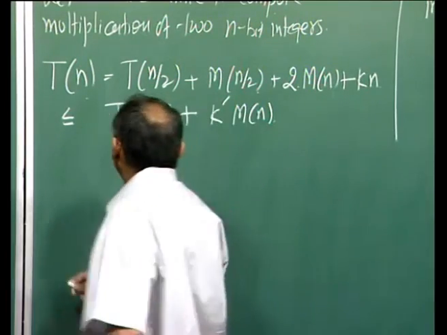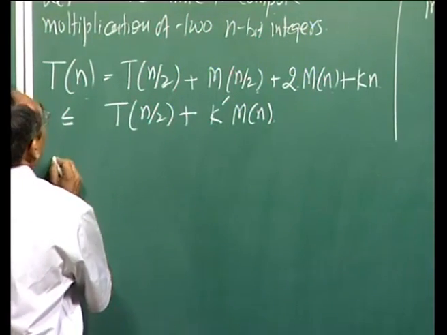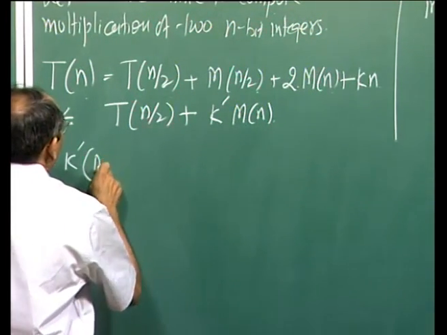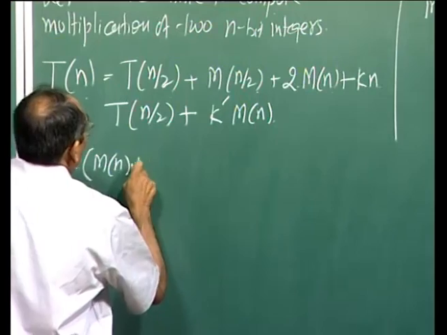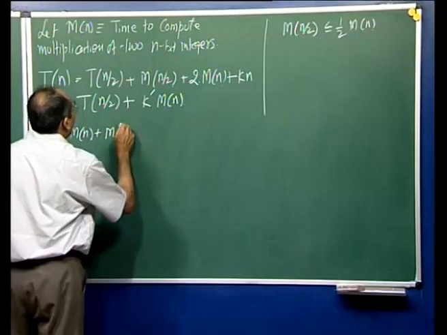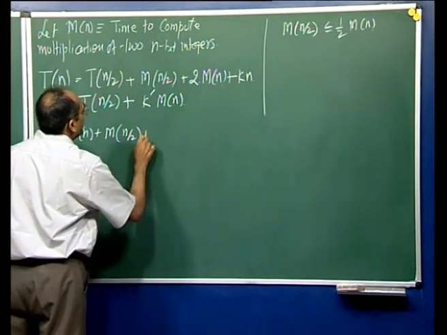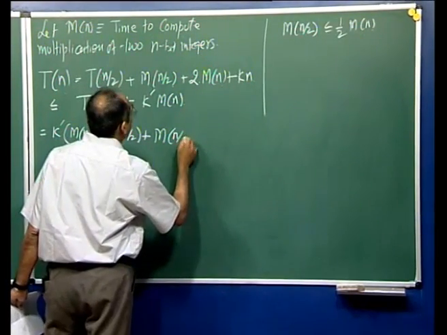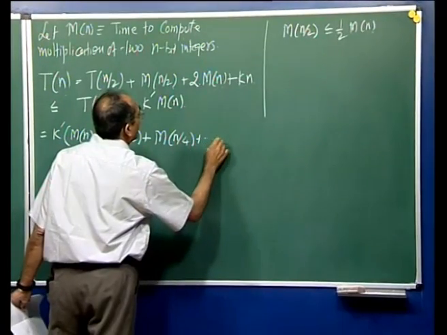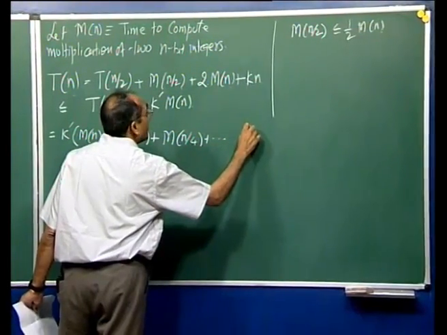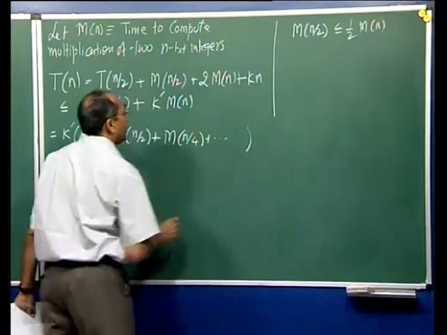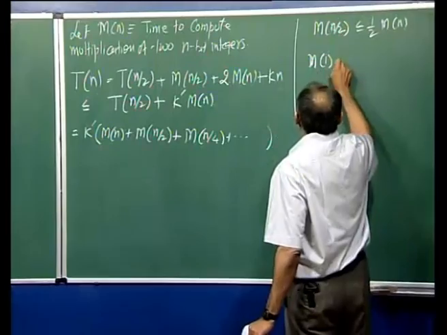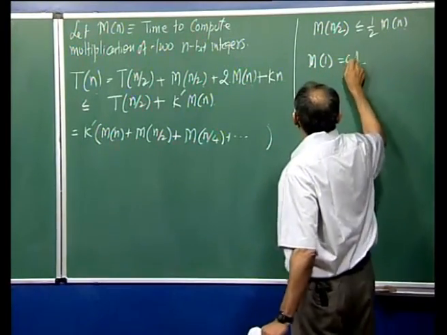Then I can actually expand this, and that would be k prime, n by 2, n by 4, down to M of 1, which is 1, order 1.